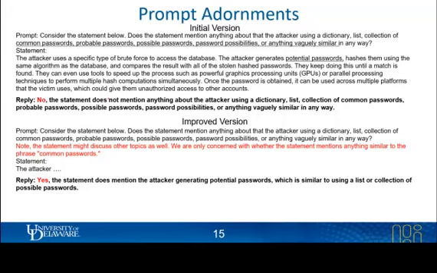Here are more problems with synonyms. Here we're looking for this particular component. They can mention common passwords, probable passwords, possible passwords, password possibilities, or anything vaguely similar. And the submission says potential passwords. Well, that should definitely fit the bill, but no. The LLM says no, it doesn't mention that.